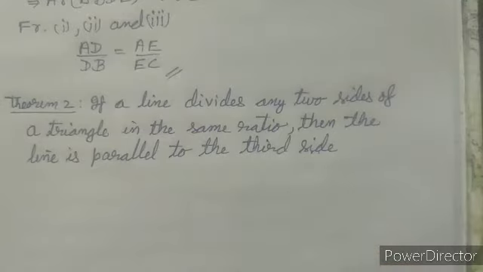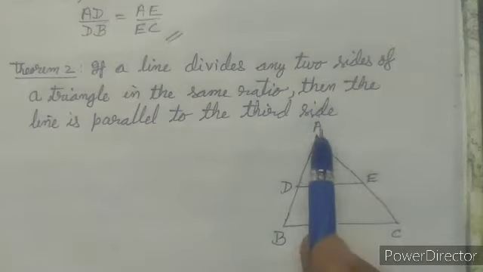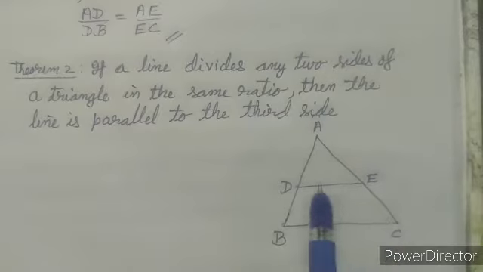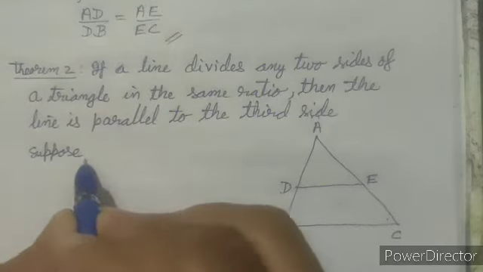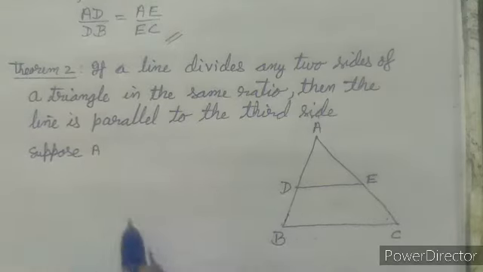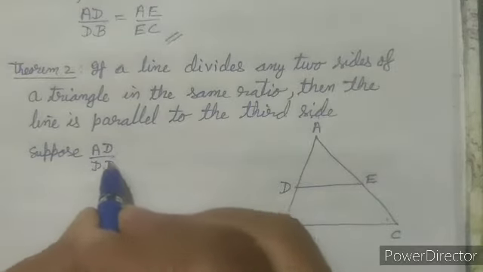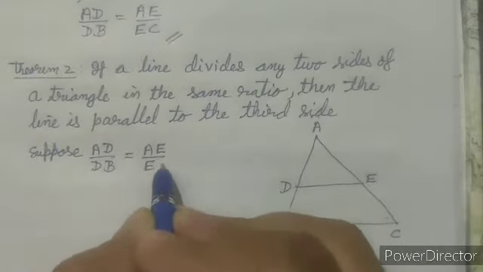Now this theorem is proved by taking DE such that AD upon DB equal to AE upon EC. Now suppose AD upon DB is equal to AE upon EC.